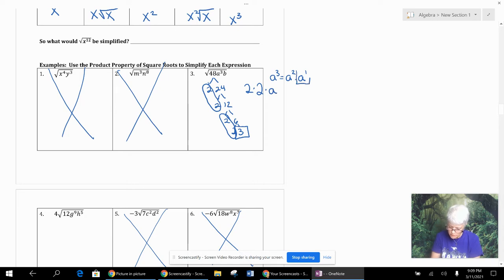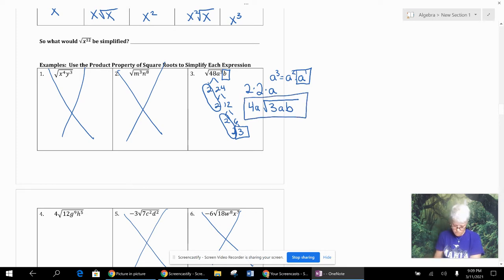The a is still left in there, the 3 is still left in here, and this b right here is still stuck in there. There's nothing you can do with it. So what's on the outside is 2 times 2 times a, which is 4a. And what's stuck inside the box is the 3, the a, and the b, and we are done.